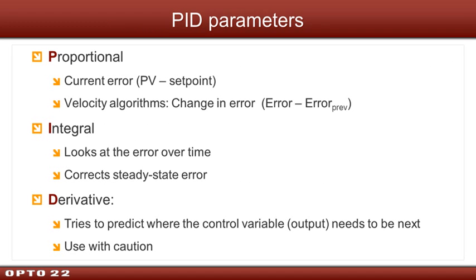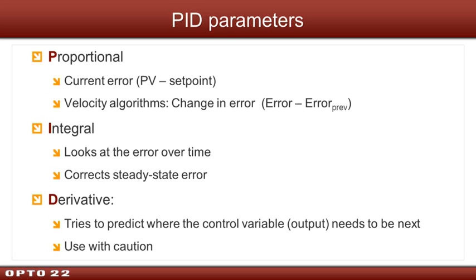Okay, let's now look at our PID in a little more detail. Proportional is going to be looking at our error, our process variable minus our set point. And that's the offset between those, whether it's positive or negative, it's still going to be an error in the sense of our process variable doesn't match what we are trying to control.